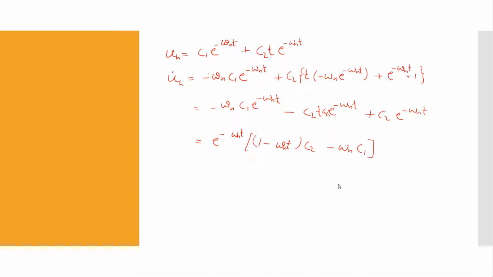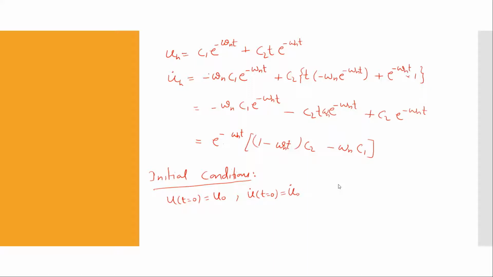Okay, now we will have the initial conditions that u at t equals 0 would be u naught, and u dot at t equals 0 would be equal to u dot naught.